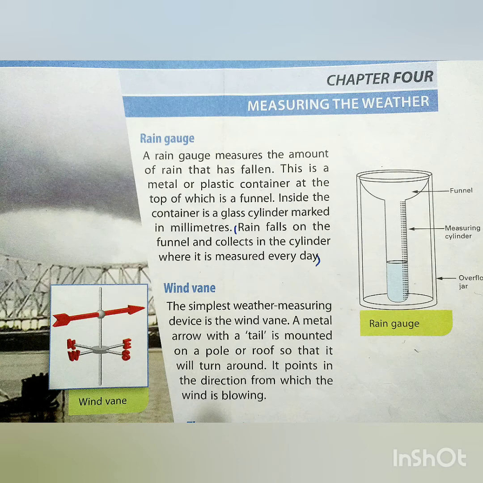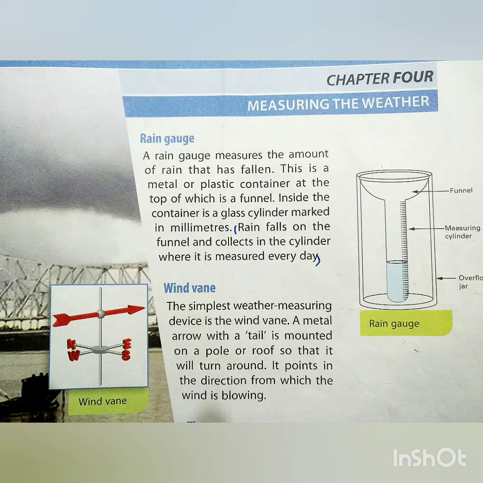Then there is a very simple measuring device for the weather, that is the wind vane. This device may not be important in countries like Pakistan where the wind is consistent, but it is commonly used in Europe and other countries where the direction of the wind varies from day to day.